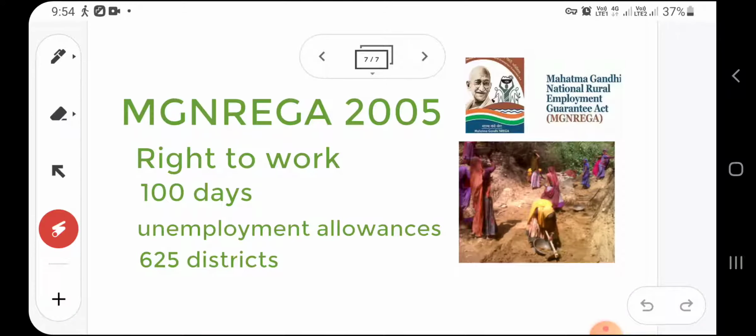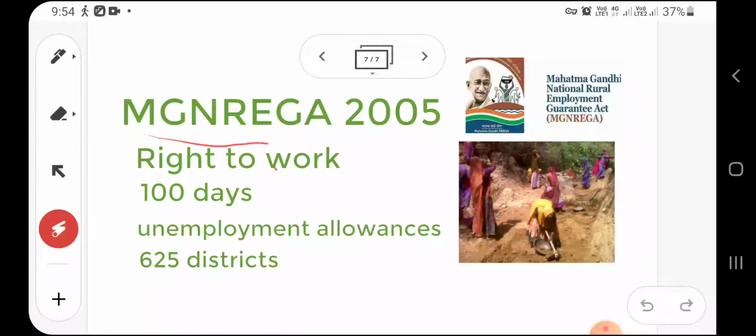So we need an immediate or quick measure for development, or to create employment. We can take one example, MGNREGA, the Mahatma Gandhi National Rural Employment Guarantee Act.